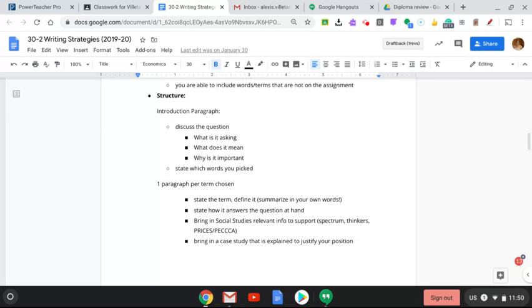So that case study, you have a couple options. You can pick an example from class. So let's say we were doing this example with the unions. You could bring in the Winnipeg General Strike. Okay, if you're in grade 12, you know that case study. You can also bring in something from your real life.